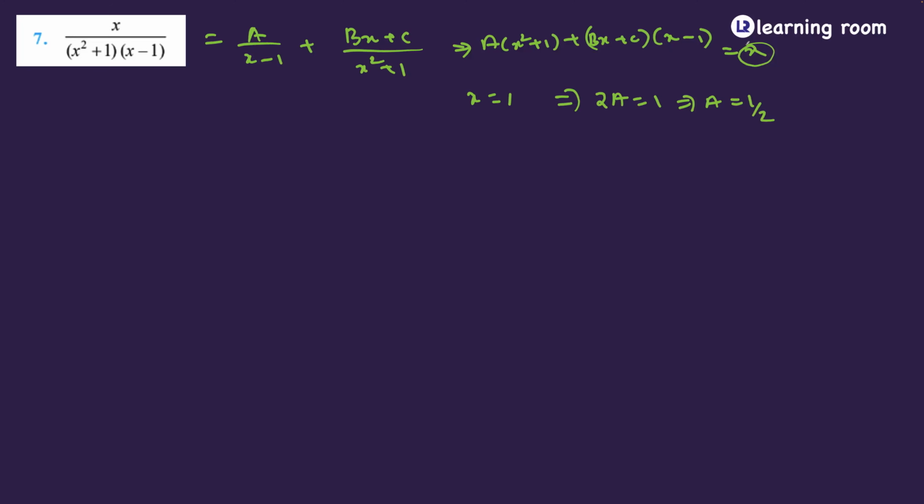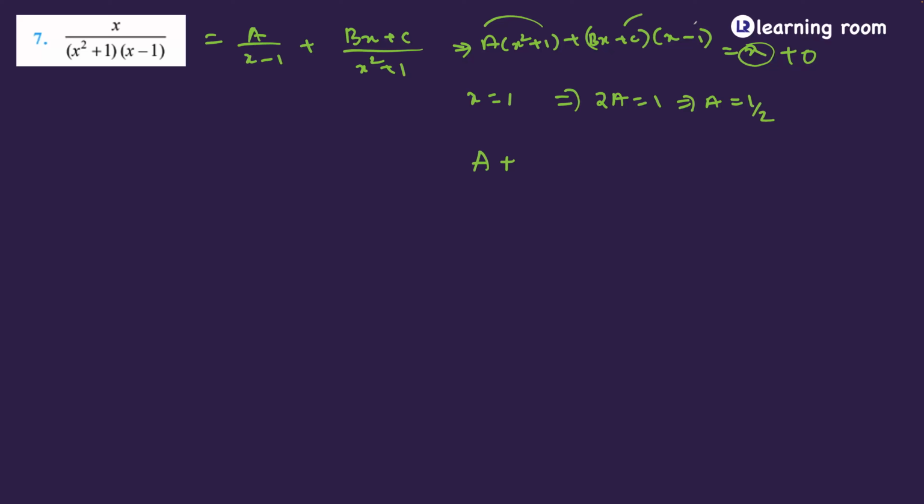Once you get a is equal to half, now observe the right hand side. You don't have a constant. Since you don't have a constant, I will not suggest you to multiply everything and do it. So observe, a is getting multiplied with 1, you're going to have a. Plus b is going to get multiplied with x, so you're not going to have a constant.